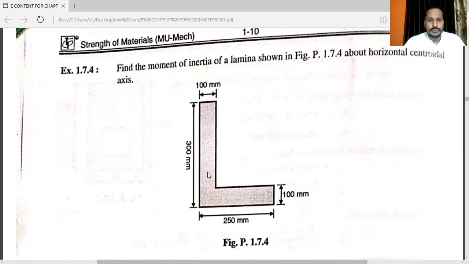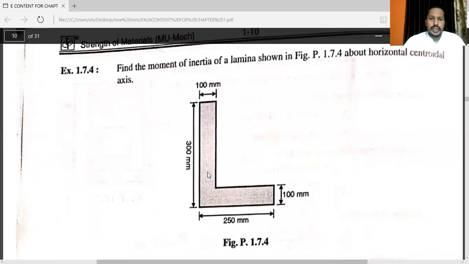Once again I am telling you, while listening to each and every video, you have to refer to the given e-content, because in the e-content I have given each and every step very carefully, very clearly. If you refer to that, then definitely you can understand the entire problem in minimum time.